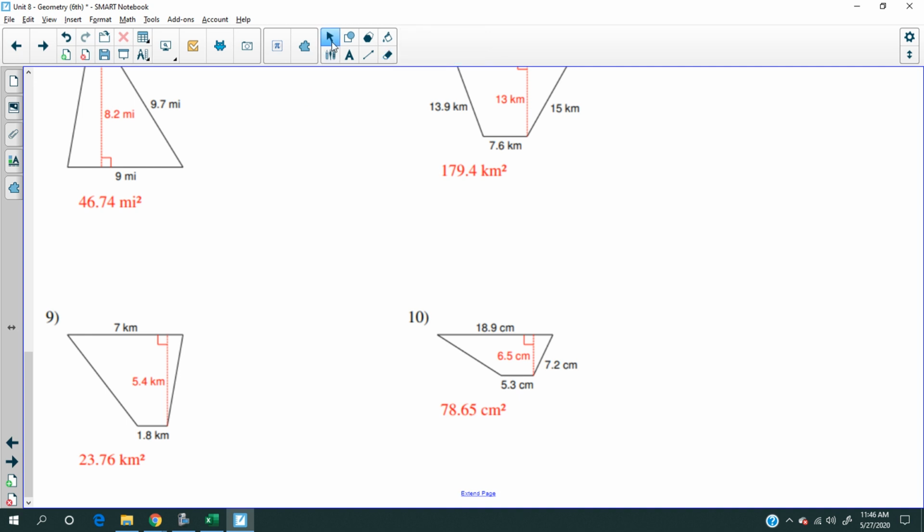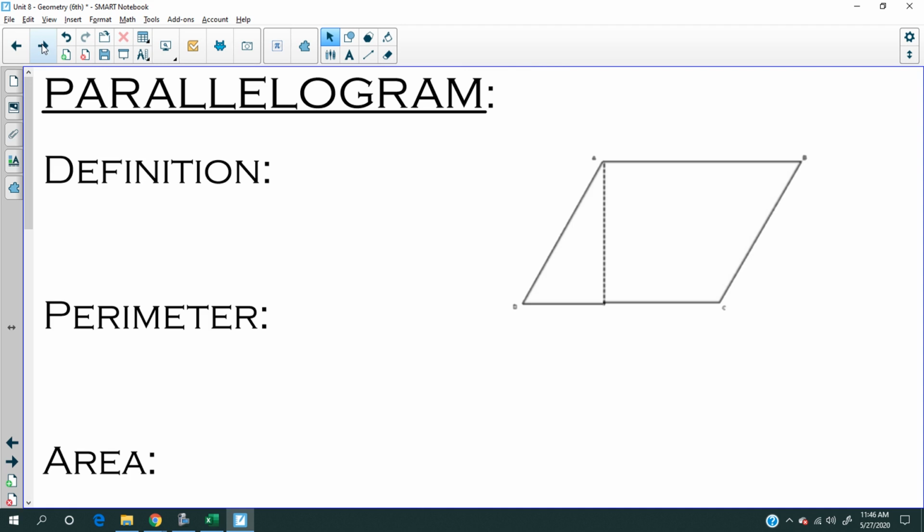Okay, now let me think out loud because I have 2 minutes left. Tomorrow, during our half a period right before you take the quiz, we are going to talk about parallelograms, the definition, and how the area formula came about.